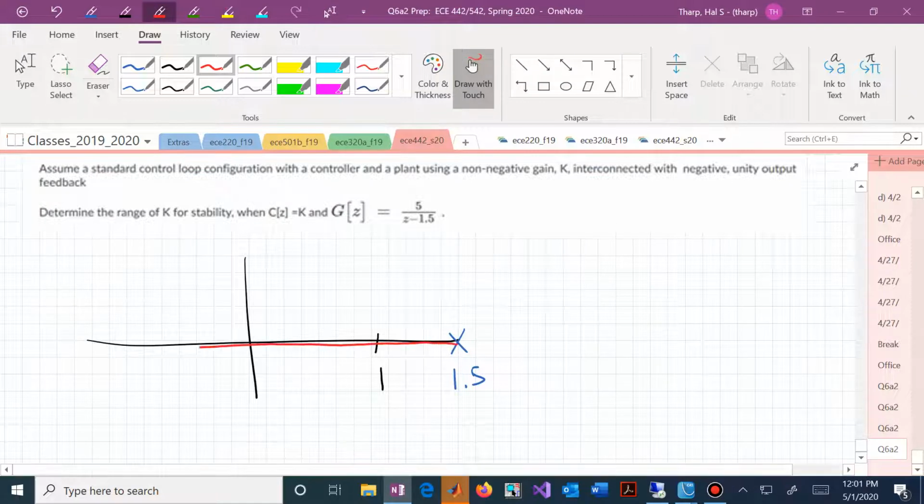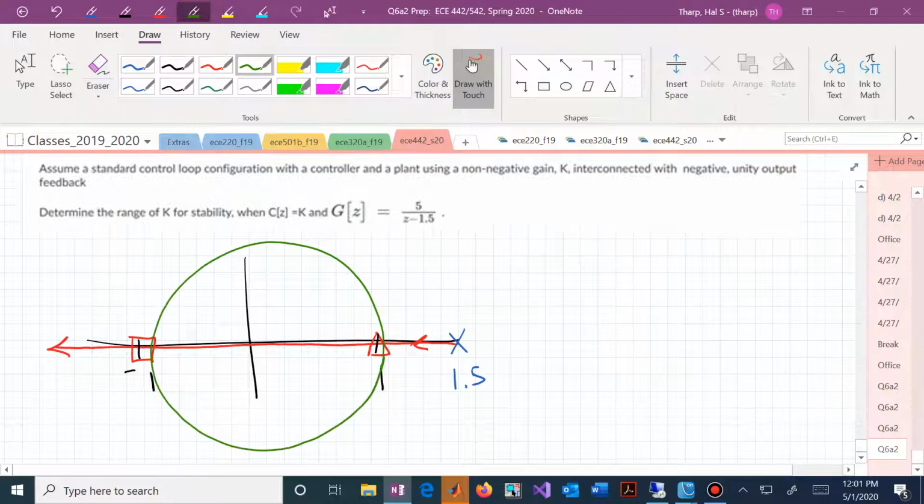Here we have our root locus going off to minus infinity. Again, we could identify a gain to get us to the triangle and a gain to get us to the box, and we'll have to crank up the gain enough to get us inside the unit circle, but not enough to get us outside the unit circle.